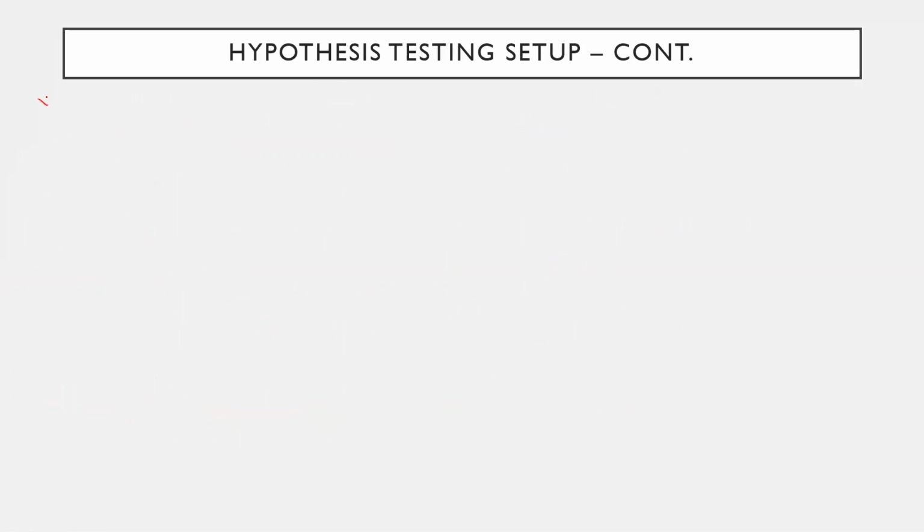So in our class, there are 3 ways to set up the null H0 and the alternative H1. It's always going to be these 3 ways.